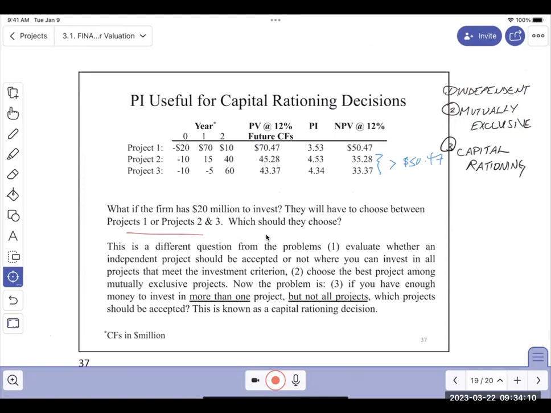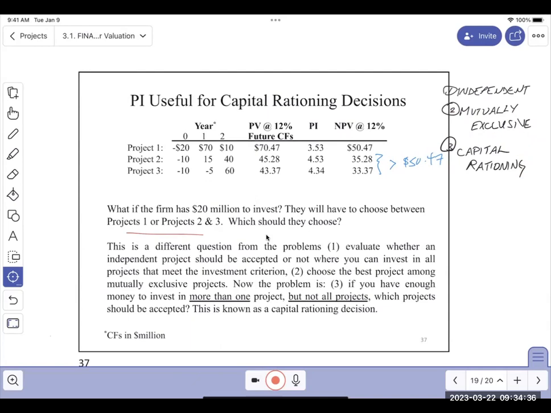You can't afford all projects, but you can afford at least one, and you want to pursue the best one. And capital rationing is different, because here capital will be rationed, meaning you can't necessarily afford all projects, but you can possibly allocate financing to more than one.